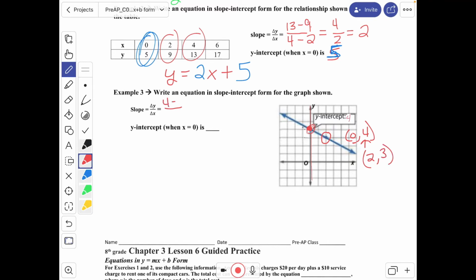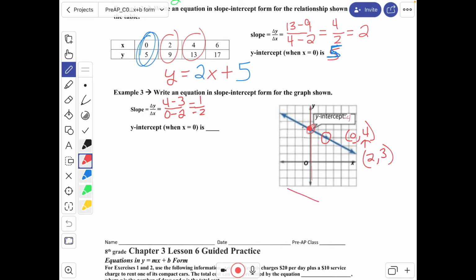So the y's are 4 minus 3, and the x that went with 4 was 0, and the x that went with 3 was 2. 4 minus 3 is 1, and 0 minus 2 is -2.